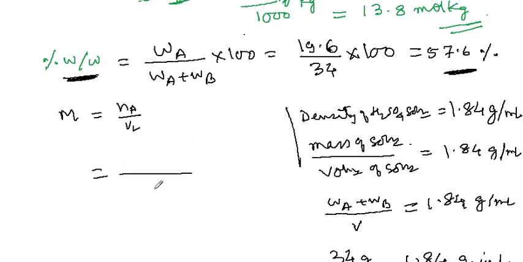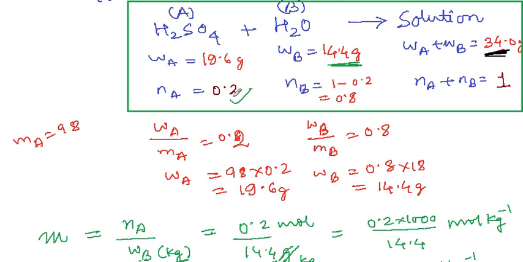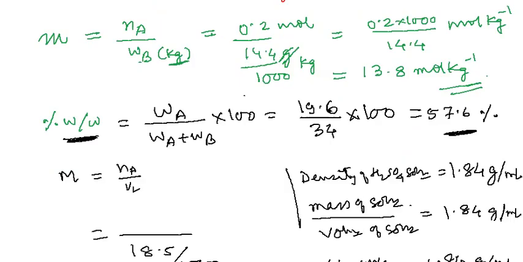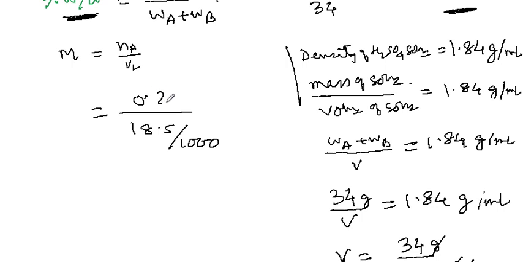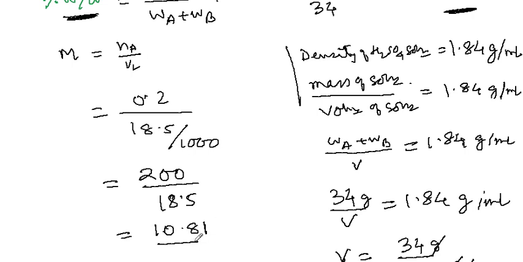The number of moles of solute that we have is 0.2, so that is 200 over 18.5. Now if you divide this, we'll get our answer as 10.81. So that is the molarity.